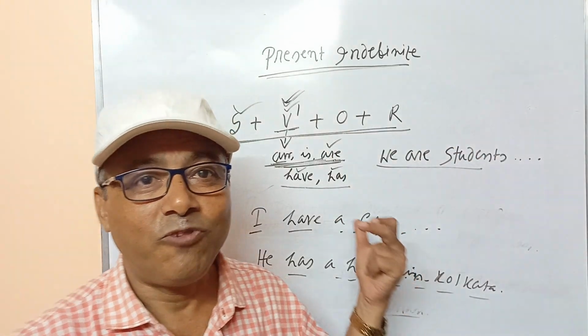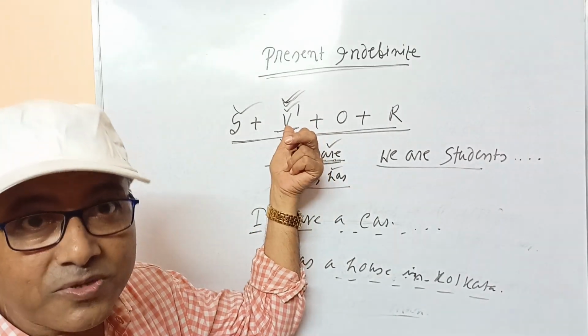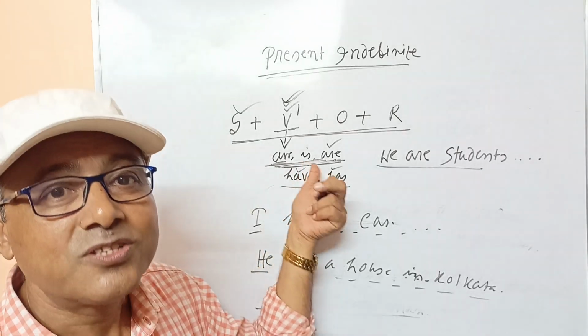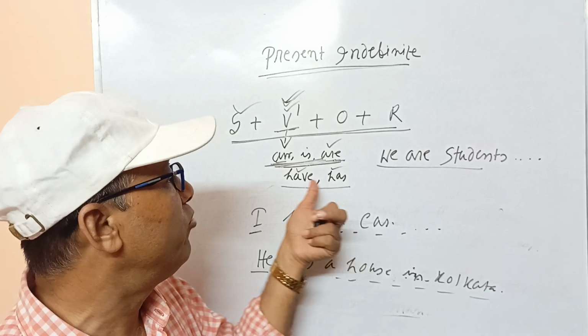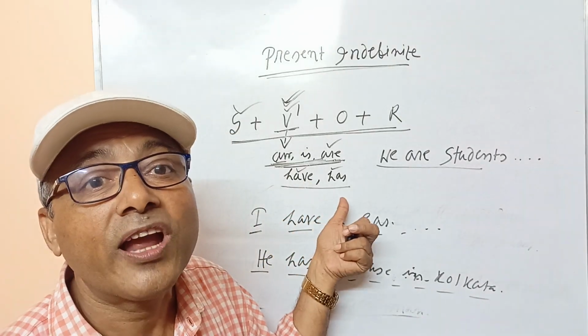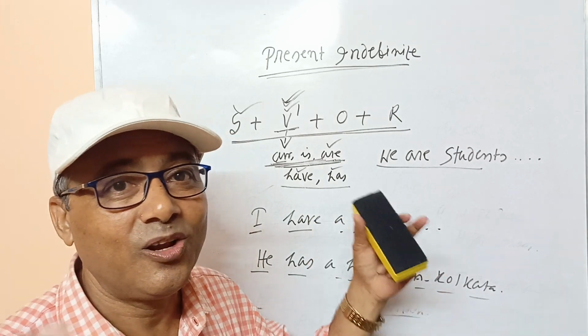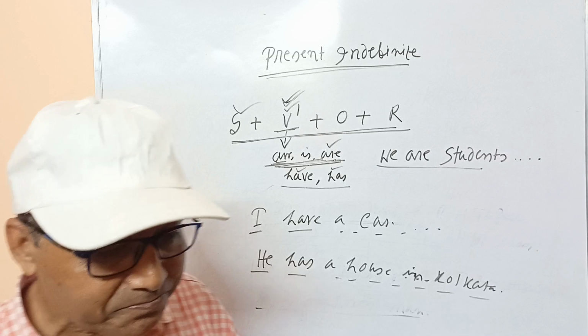Just follow this formula. If you get verb one, so you will use verb one, and if you get be verb, so you will use be verb, and if you get have verb, so you will use have or has. So in this way, you can create a lot of sentences. I hope you all have understood this class.